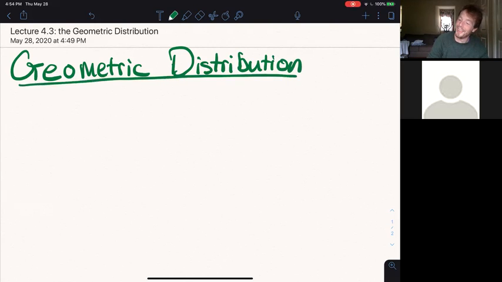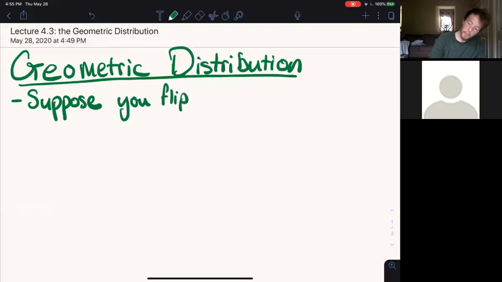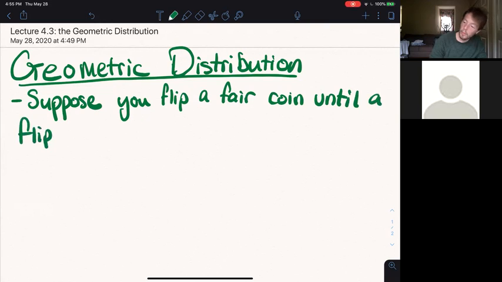So let's start with how we want to think about it by means of an example. Suppose you flip a fair coin until a flip comes up heads.